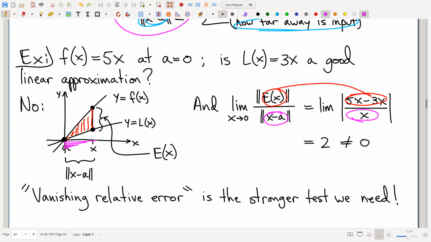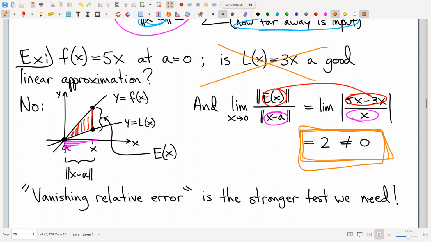And the relative error is not 0. So the fact that this relative error is not 0 is what allows me, with confidence, to say, you know what? I don't like that poor attempt at a linear approximation. Obviously wrong, right? That function right there is clearly not a good approximation of this function that I started with right there. Relative error, not going away, is a way to detect that.